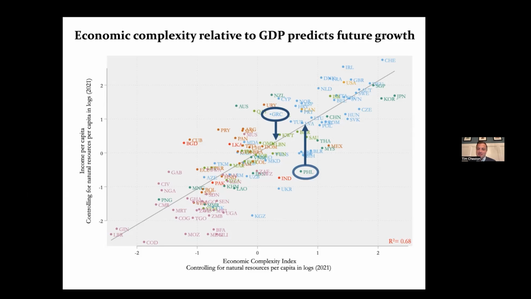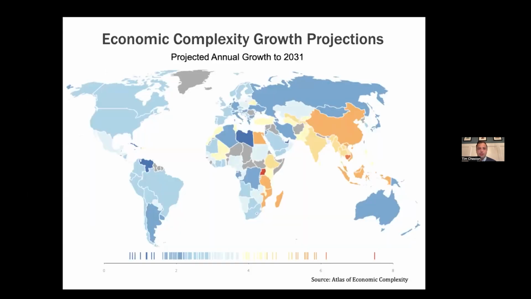It is that this method actually indicates how far you are off of the line, indicates your future income and predicts your future growth better than any single indicator that is out there in terms of economic growth perspectives. And so we do find where your complexity is vis-a-vis your income level today is predictive of your future growth. And so we have different growth projections that we also can make available to you, and we do so freely on the website as well.